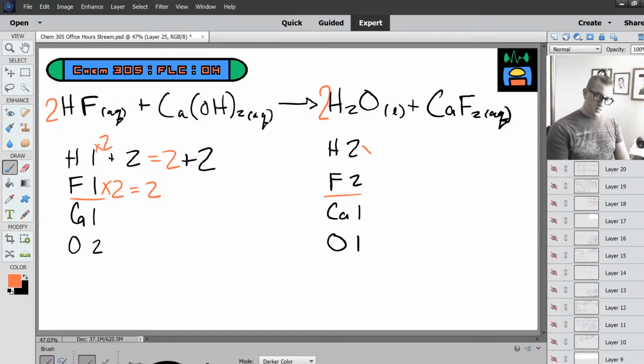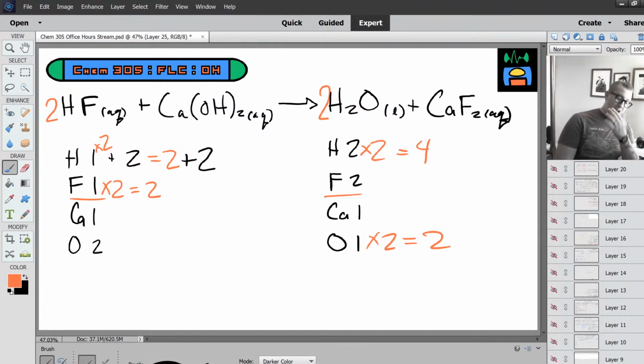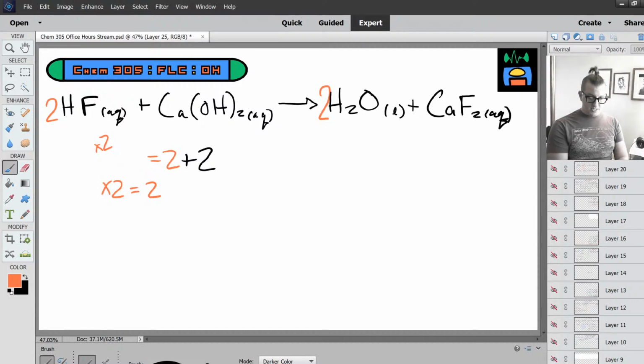This will balance both hydrogen and oxygen in one fell swoop. Now everything's balanced. Our stoichiometric coefficient for water is 2.